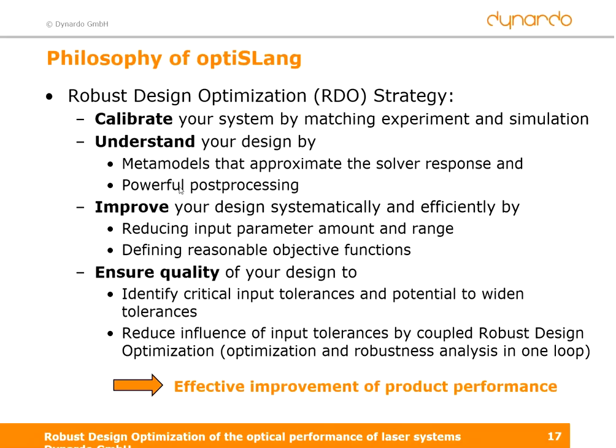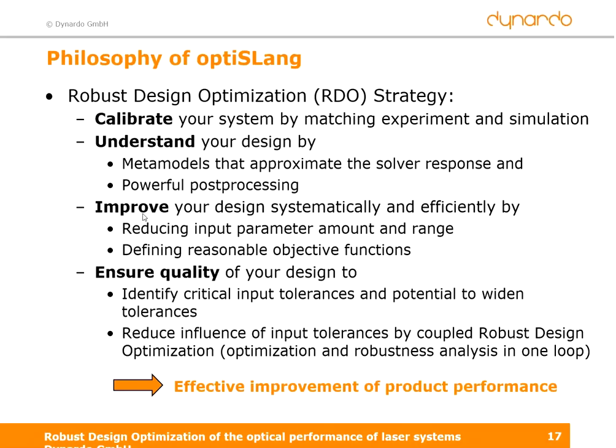To show you a little bit more in detail what this strategy of robust design optimization means, you might start as a first step with the calibration of your system by matching experiment and simulation. After this, you can understand your design by using meta models to approximate the solver response, and also to use our post-processing, which is very powerful.